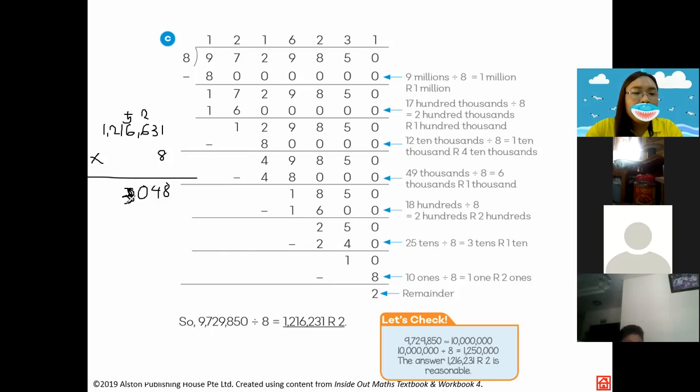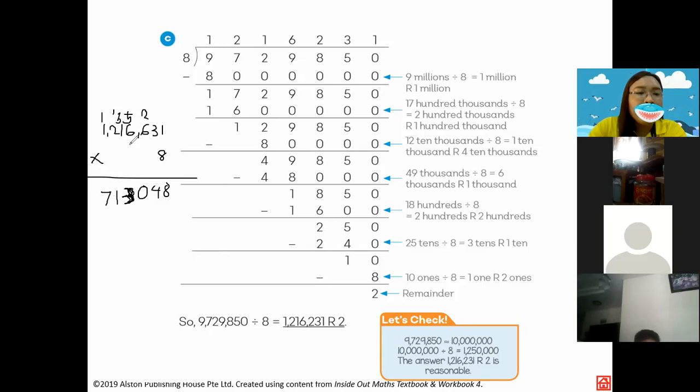So this one is 3, and carry 5 here. 8 times 1, that's 8. Plus 3, that's 11. Carry 1. 8 times 2, that's 16. Plus 1, 17.